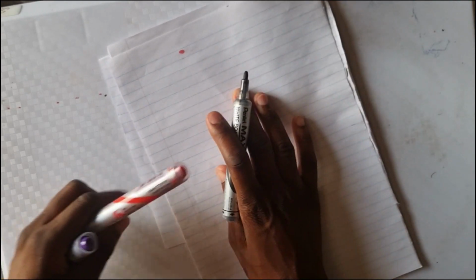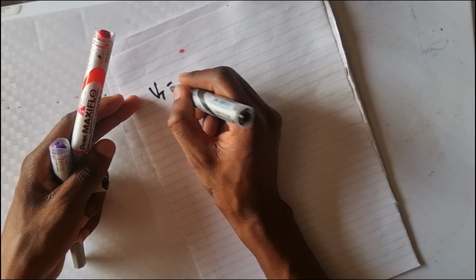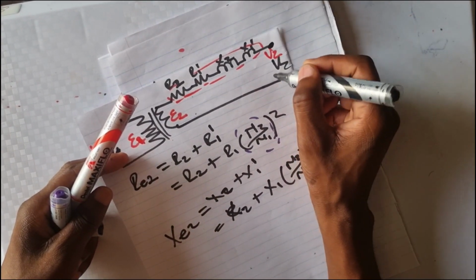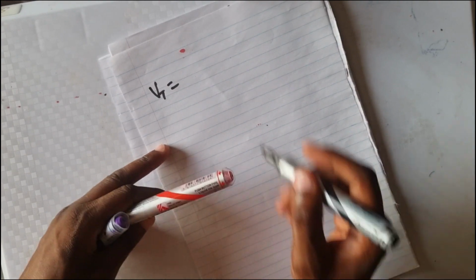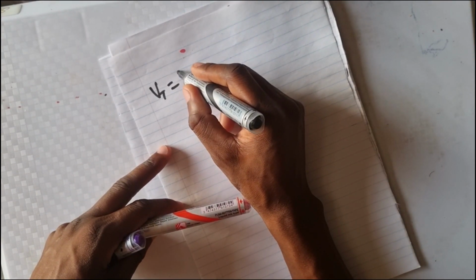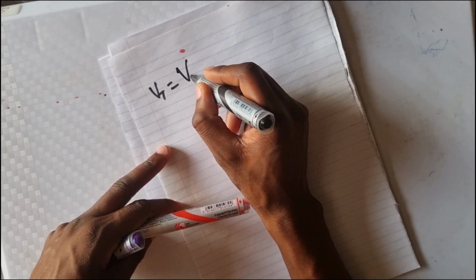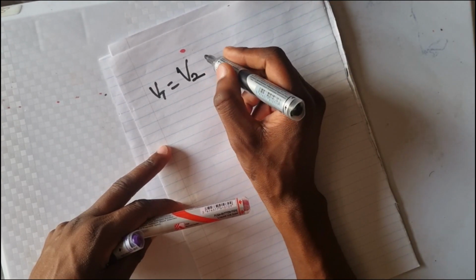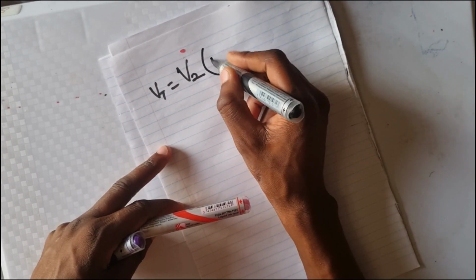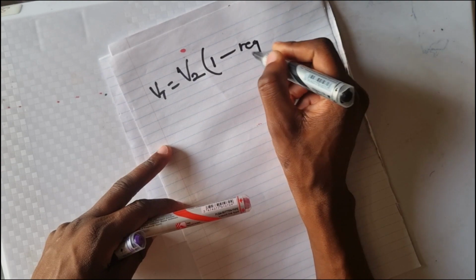Now to calculate the terminal voltage, which is the voltage that we get at the terminal of our transformer, it's going to be V2 equals E2 times 1 minus regulation.